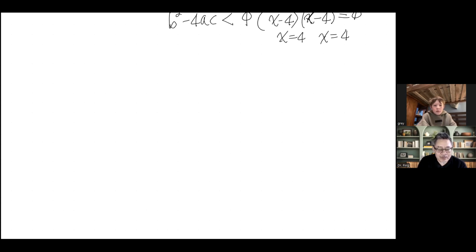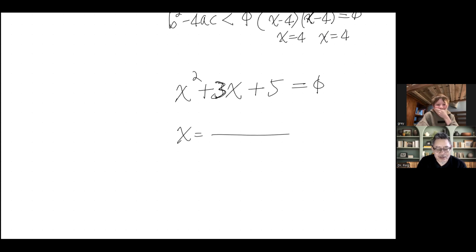So now you know how to use the formula, but if we have a situation like this, x squared plus 3x, let's say we put something simple, like plus 5 equal to 0. Now, if we use the formula, what we got here is negative 3 plus or minus the square root of 3 squared minus 4 times 1 times 5, over 2 times 1.